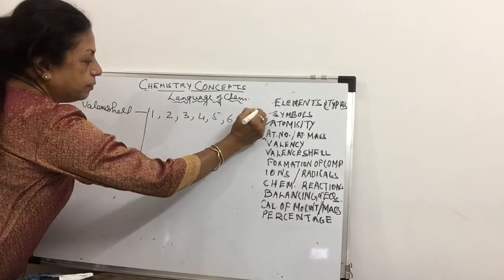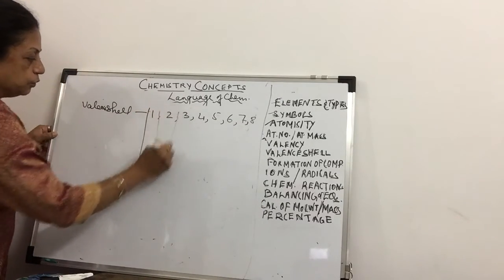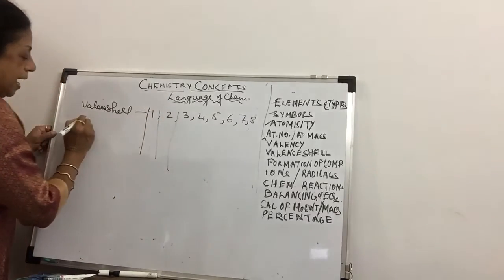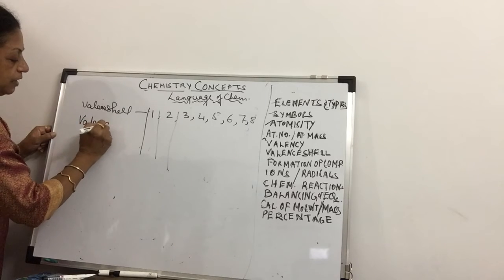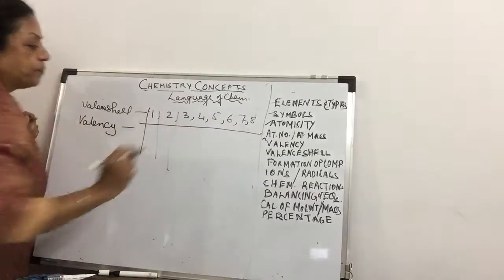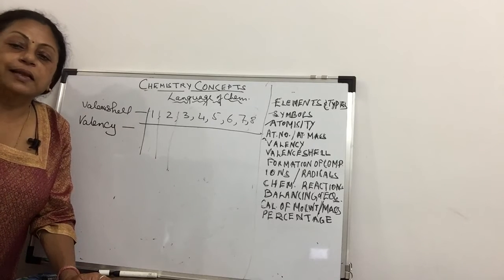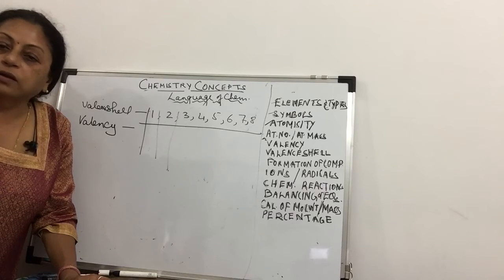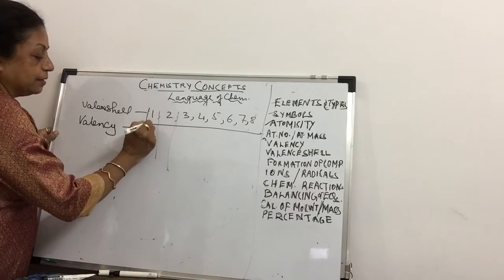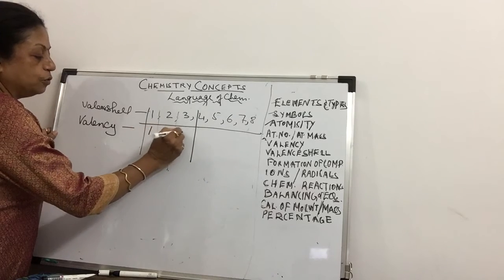How will you find out the valency from the valence shell? I told you before that the number of electrons in the valence shell decides the valency. When the last shell has 1, 2 or 3 electrons, the valency will be 1, 2 or 3.